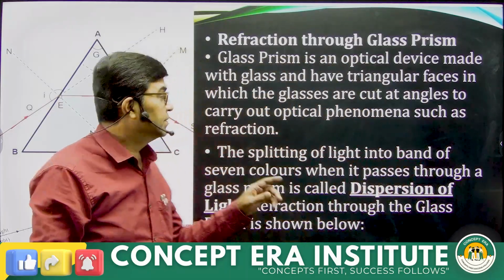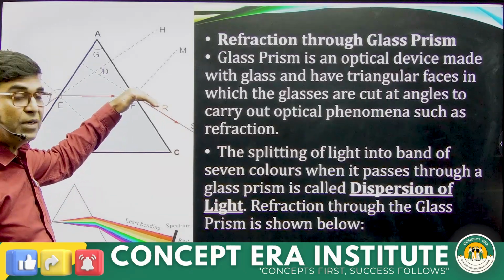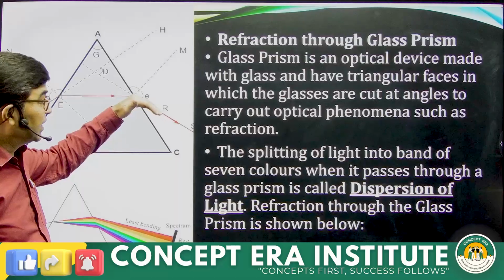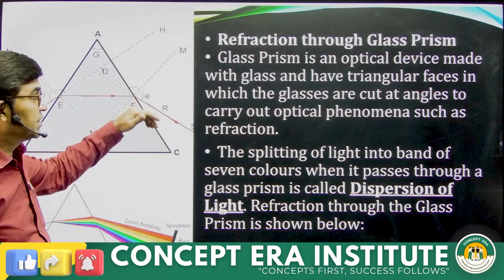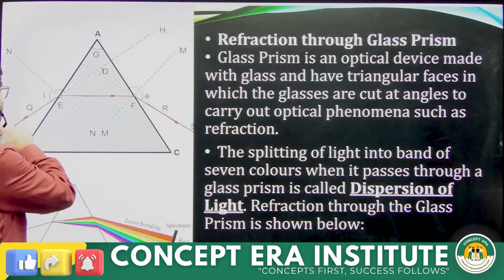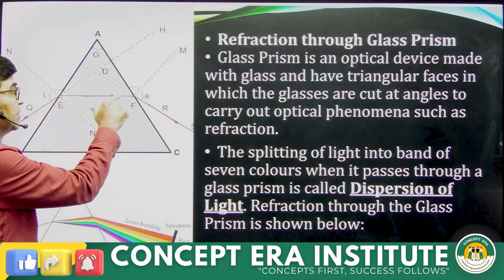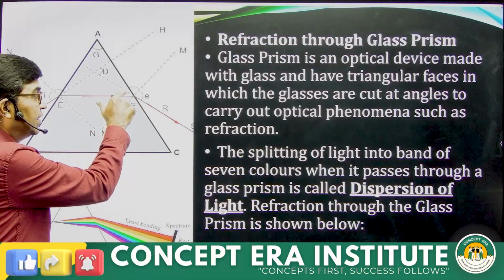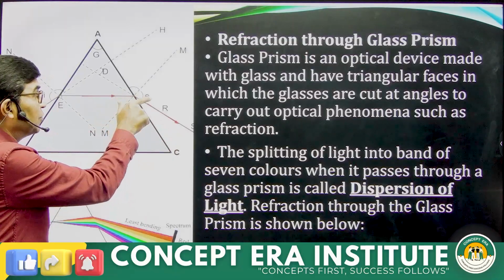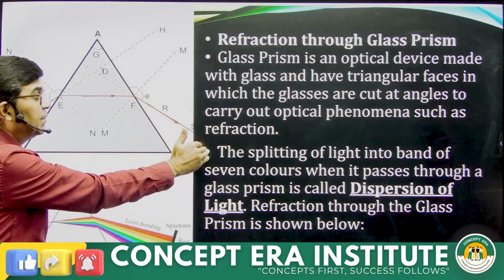That means now it will have its speed increased, that is equal to 3 into 10 to the power 8 meters per second. So it will bend away from the normal. So light went in this direction, suffered refraction, became straight, and when it emerged out of the prism at the other opposite face, it bent again.